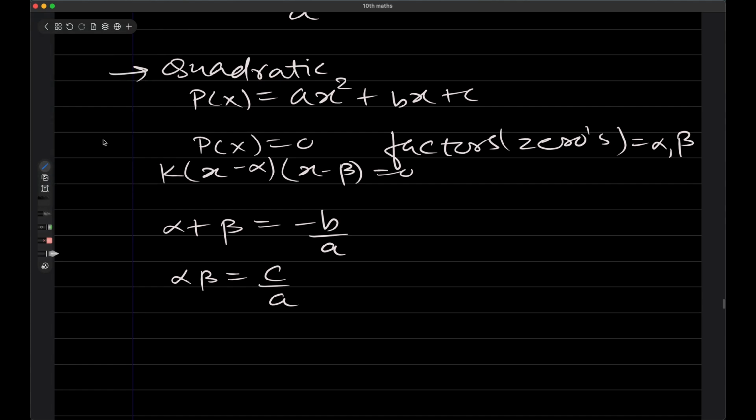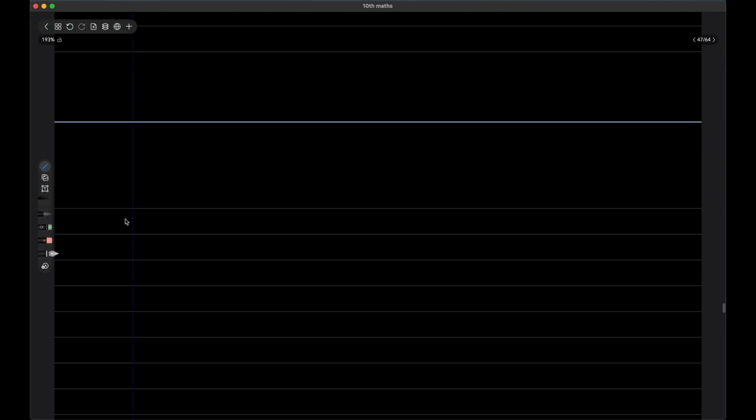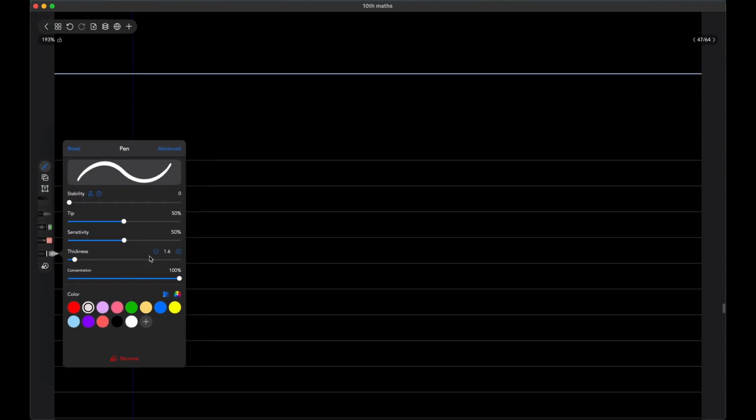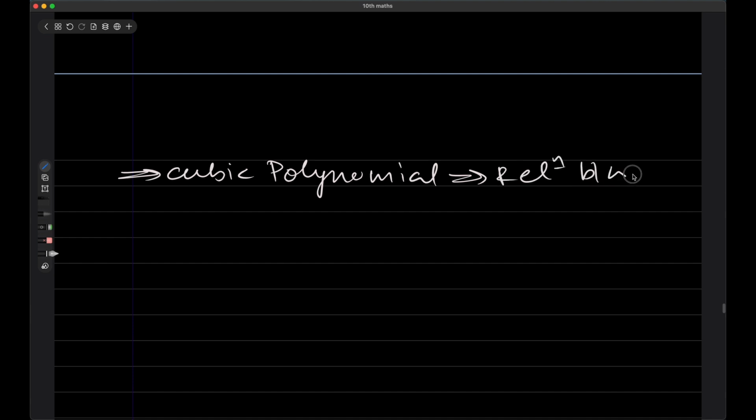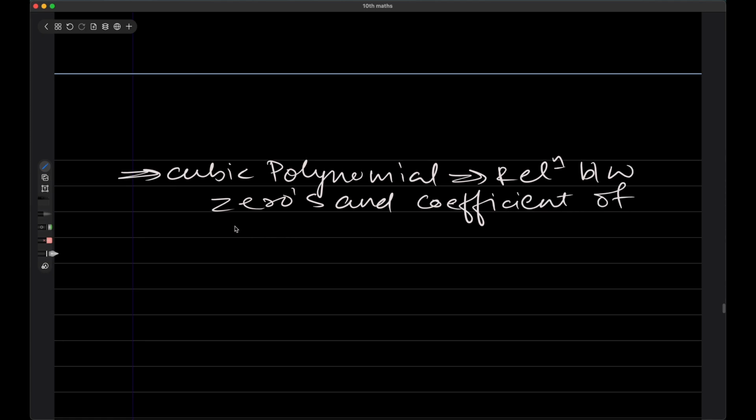Today let us cover the cubic polynomial. Relationship between zeros and coefficient of cubic polynomial.